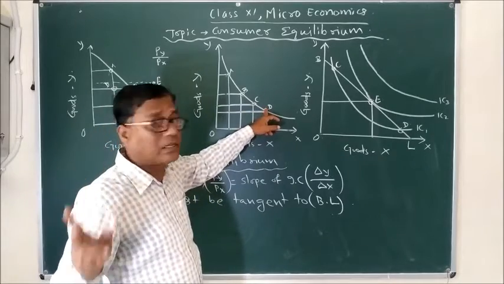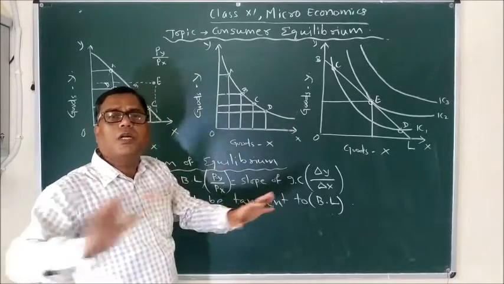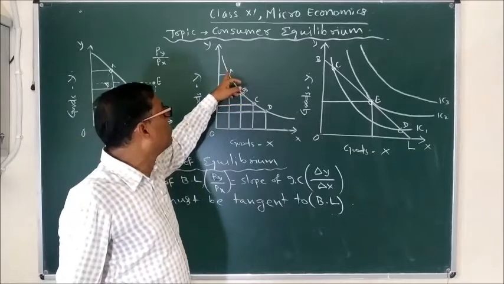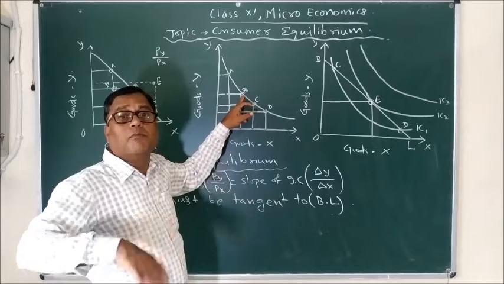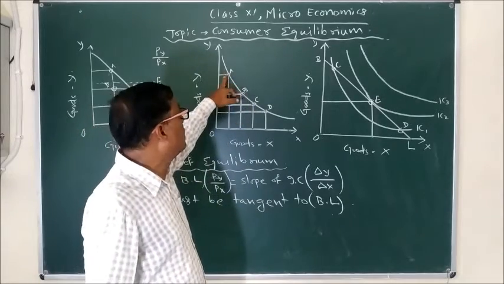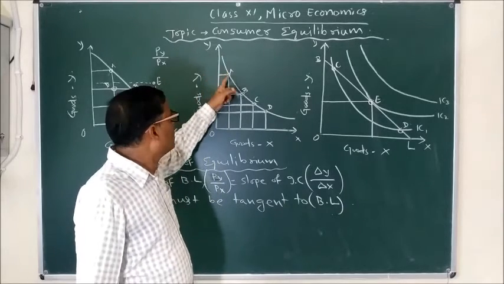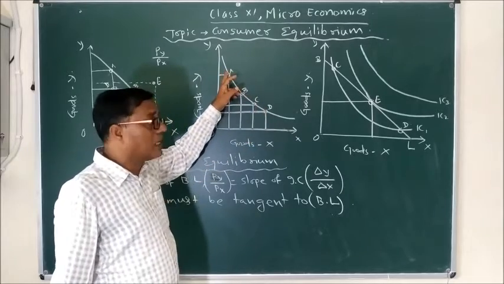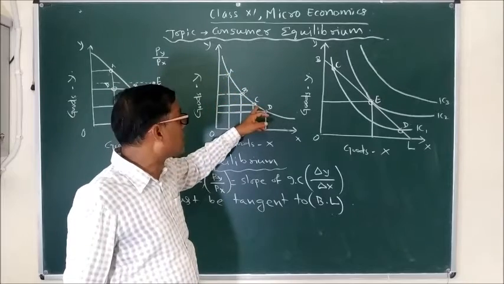That means different combinations of the two goods X and Y on an indifference curve show purely the preference of our consumer. If the consumer is moving from A to B, that means he is preferring more X, and for that more X he is willing to sacrifice a definite quantity of Y. So different points on an indifference curve are nothing but the demonstration of our consumer's preference.